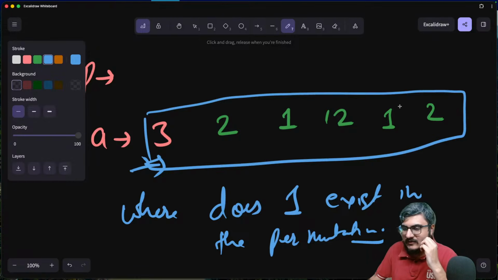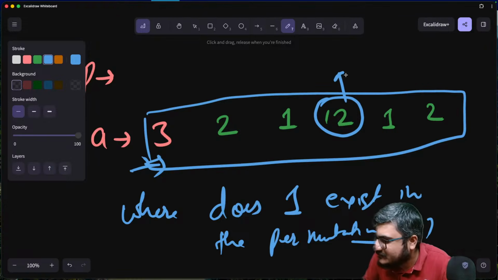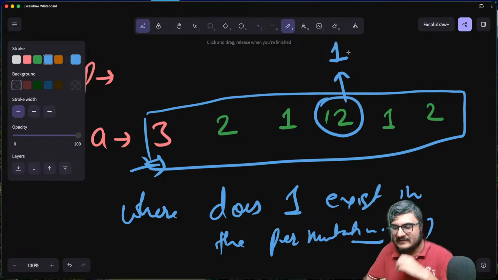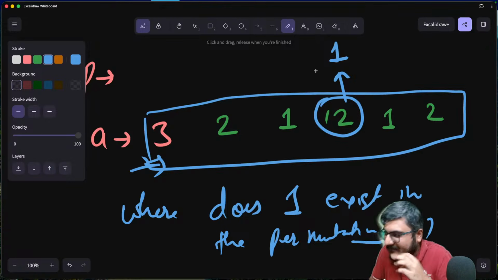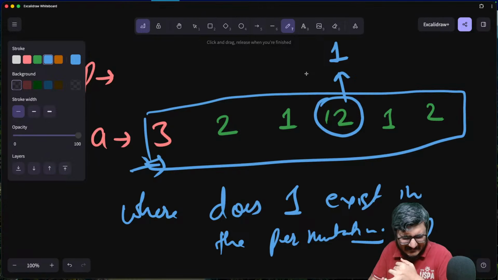The claim that 1 would exist at the place where we have the maximum sounds a bit true. This would be the place where we would have 1. The maximum can be the place of 1, but for example, you could have the maximum here and here, and any of these can be 6 or 5, something. I also had this claim that wherever A is maximum, that would be the place of 1.